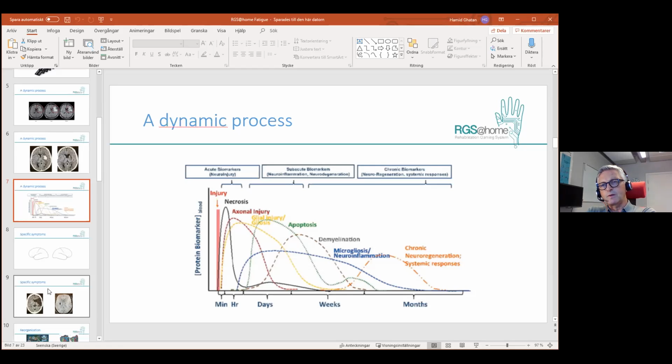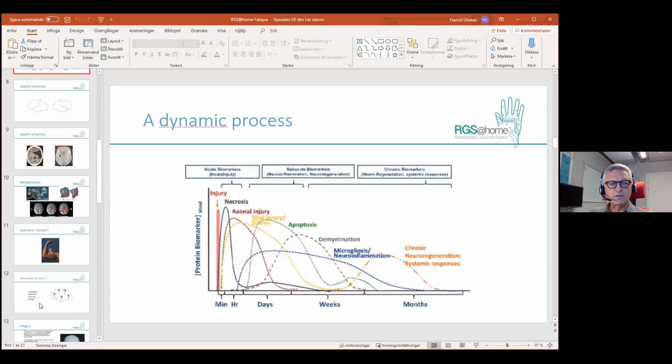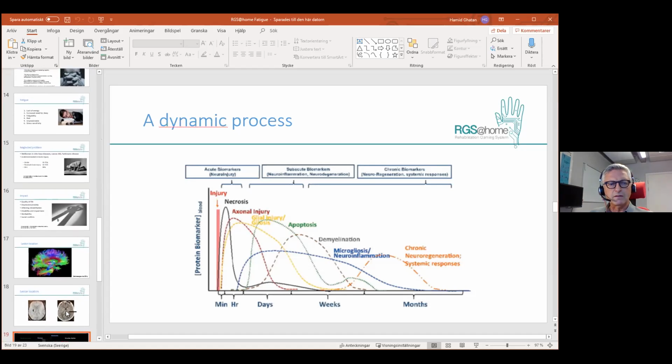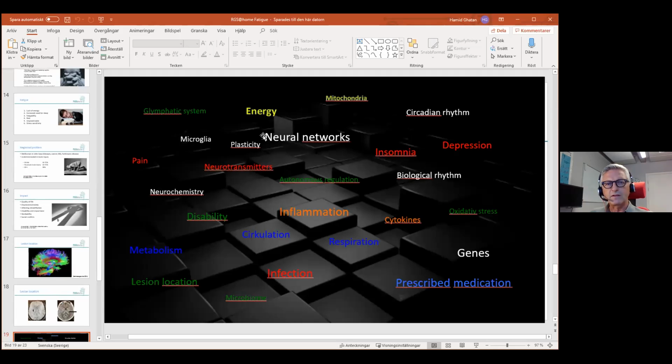So I think what will change the clinical setting, at least in handling these patients in recovery after stroke, is that we will have tools to monitor biology in a better sense. But energy, I haven't seen that being addressed, because it's so complex. There are so many possible factors.